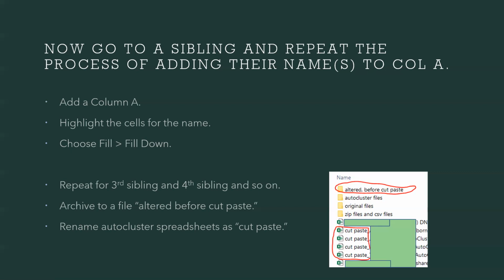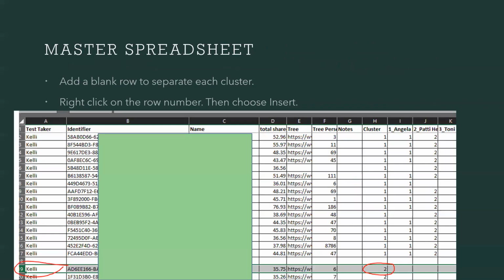Now, again, this is my organization. It might not fit your brain or the way you do things, but I rename those spreadsheets as cut paste and I move them. It's helpful to me to be able to identify at which stage I did what in case I make a mistake and I need to go back.